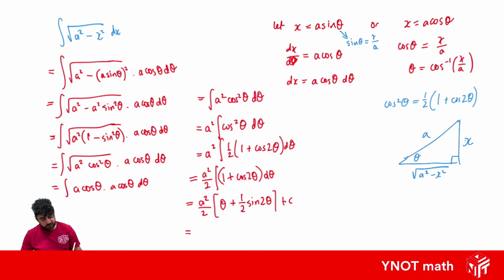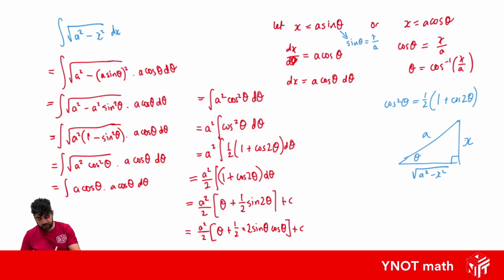So again, we're just going to tidy this up. We're going to have a squared on 2 outside of theta plus a half times sine 2 theta. We use our double angle results to turn that into 2 sine theta cos theta plus a constant. So the reason for making that triangle was so we can get an expression for cos theta, because we need it here.